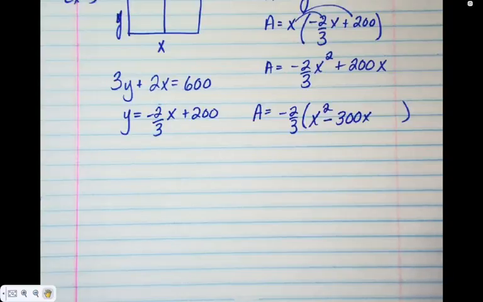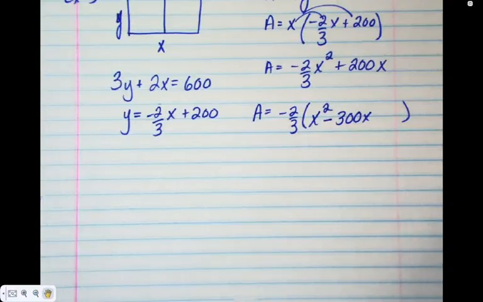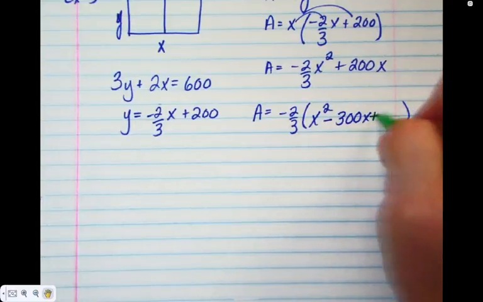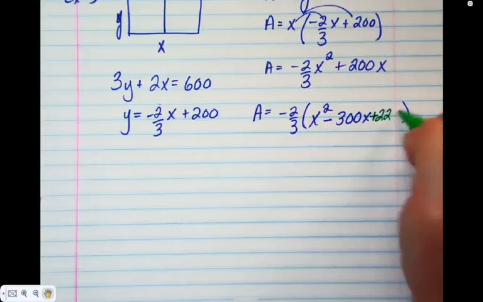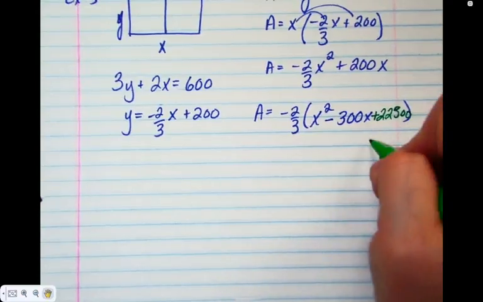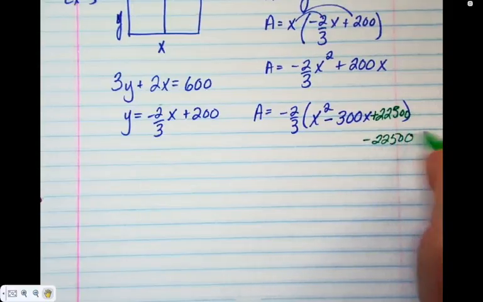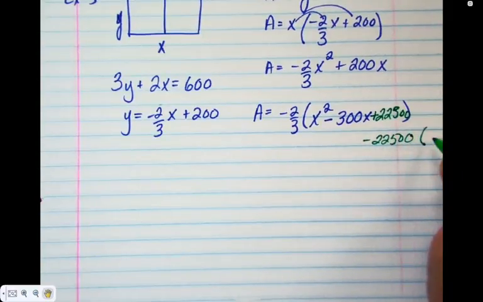Wow, that's a big number. 600 fencing is a lot, so it's going to be a big number. 22,500. Kind of squished in there, but 22,500 confirmed. How do I balance it? Times negative 250.